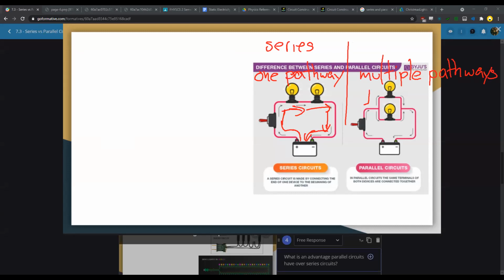So that's really the main difference here. In series circuits, there's only one pathway in which electrons can flow, and in parallel circuits, there are multiple pathways in which electrons can flow.